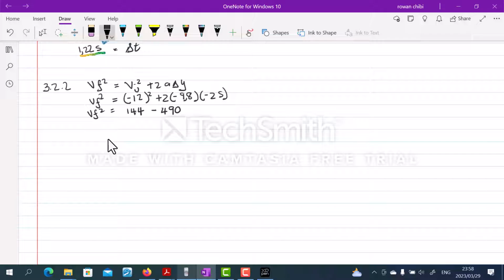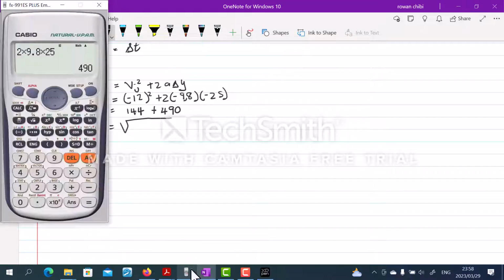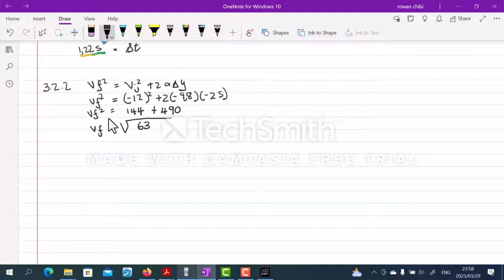Okay, sorry, I think this is going to be positive because it's 2 times negative and negative, which is positive. So 144 plus 490 is 634.